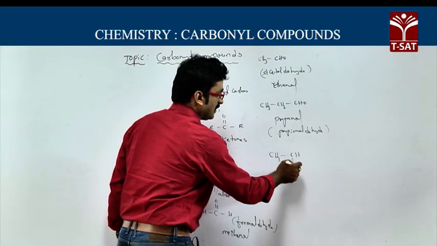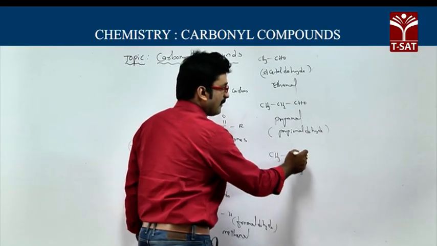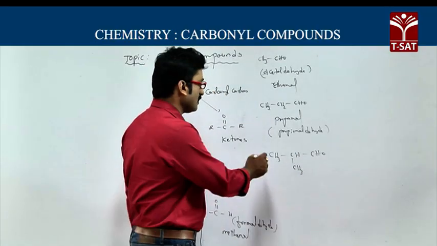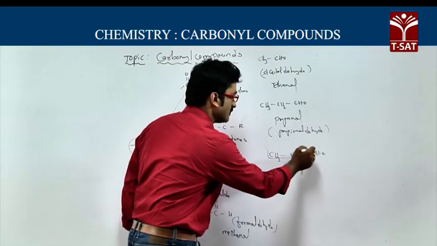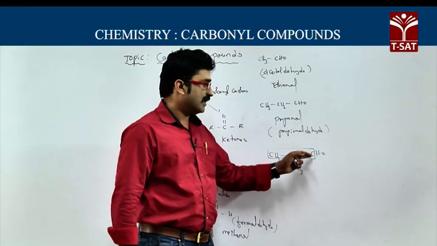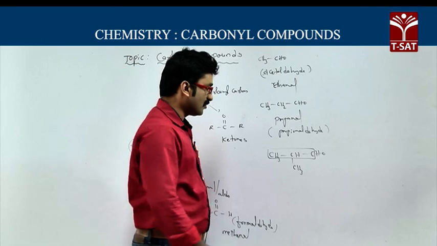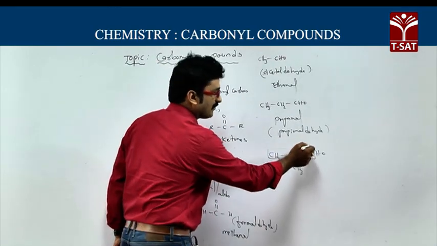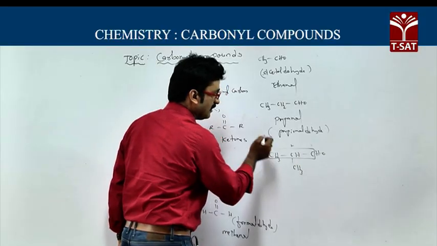Now I am taking one substituent here, CH3, and here it is a CHO. Whenever a side chain is present, you know that you have to select the parent chain first. And you know CHO is called a chain terminating functional group, and you should give numbers from this carbon. So it will be 1, 2 and 3.